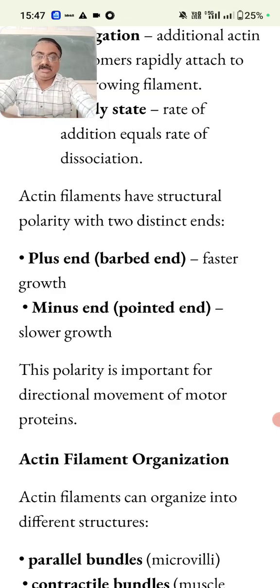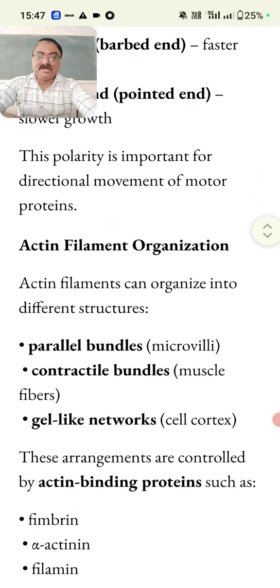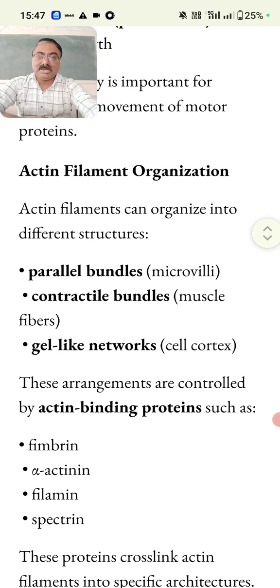Actin filament organization. Actin filaments can organize into different structures: parallel bundles, which are present in microvilli; contractile bundles, which are present in muscle fibers; and gel-like networks, which are present in the cell cortex. These arrangements are controlled by actin binding proteins such as fascin, alpha-actinin, filamin, and spectrin.